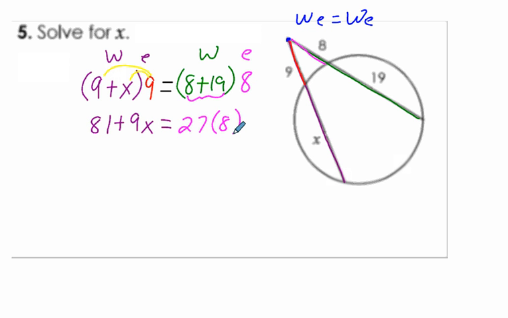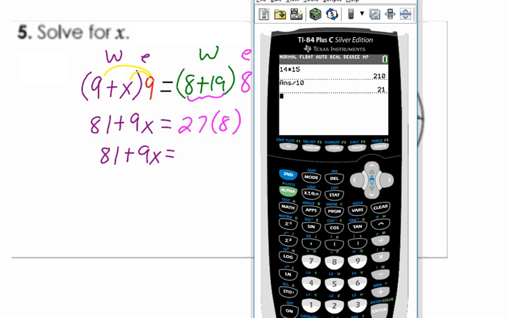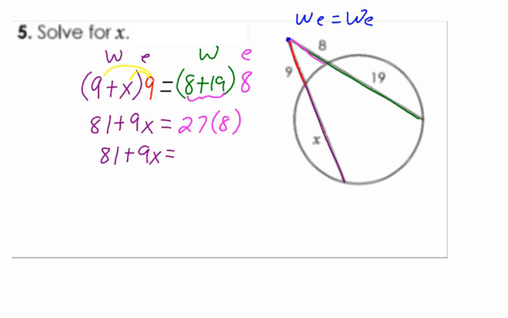Now we're going to go ahead and just bring this down over here. 81 plus 9x is equal to, and if we multiply this side, 27 times 8, it gives us 216. So that's going to equal 216 on the right side. And now it's just your basic two-step algebra equation.